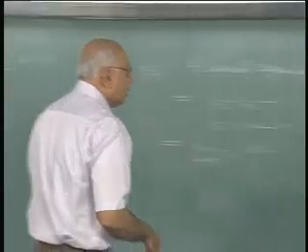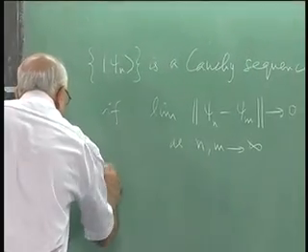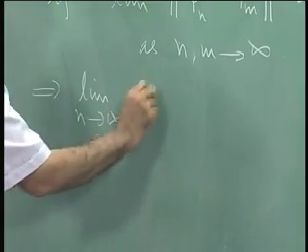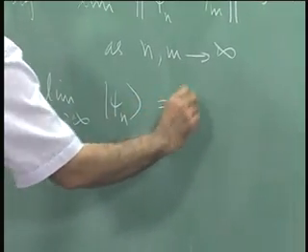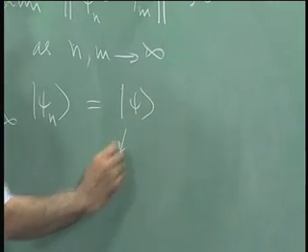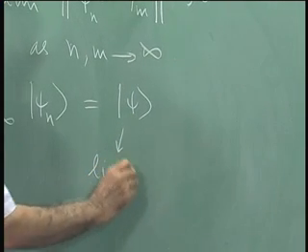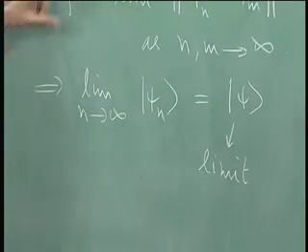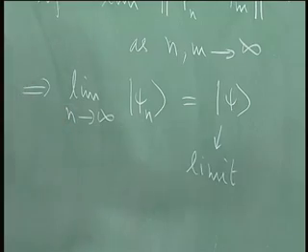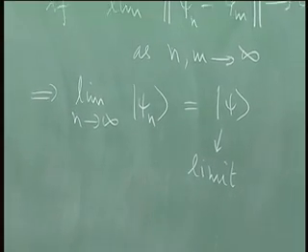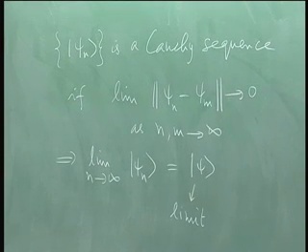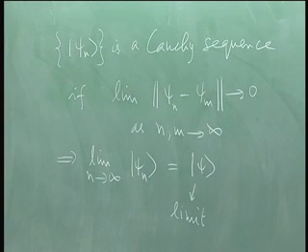This means, by the way, this implies that the limit as n tends to infinity of psi n equals some psi, this limit, this is the limiting vector. So every Cauchy sequence converges to some vector, but there is no guarantee that that vector is in the linear space. Okay. If it is, then this space is called a complete linear vector space.